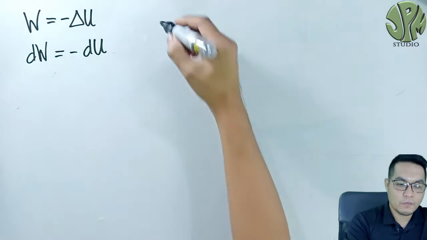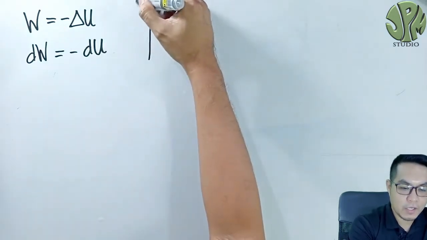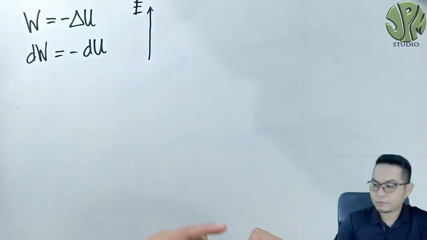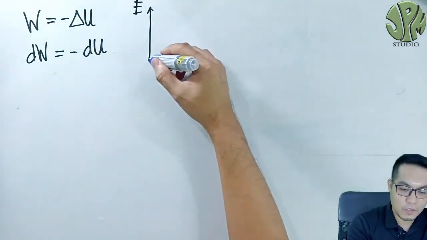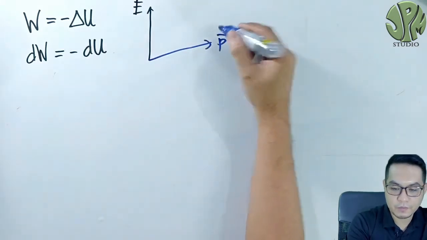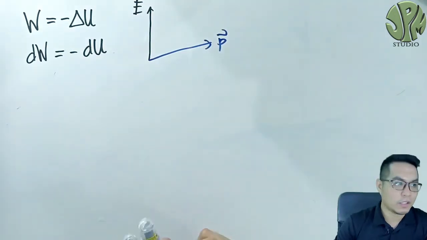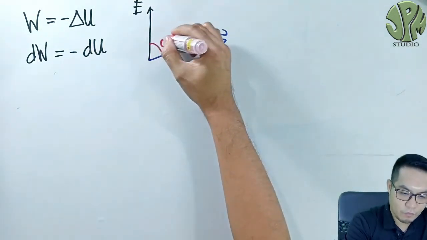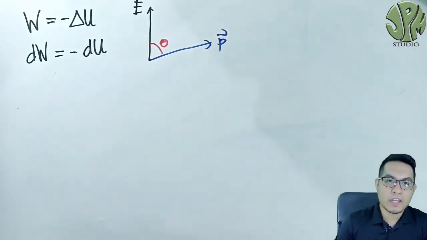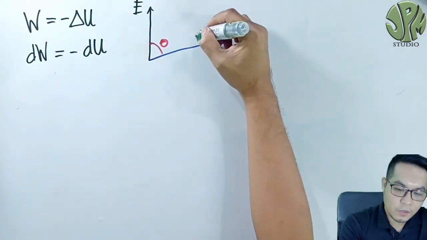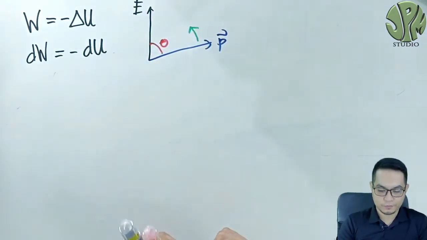Now, if you will recall, if this is the direction of the electric field, and this is the direction of our dipole, P, and the angle between them is theta. The action of the electric field on the dipole is to force the dipole moment to align with the field.